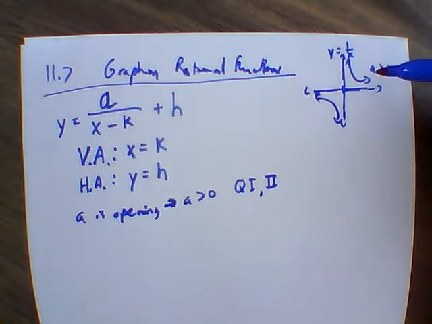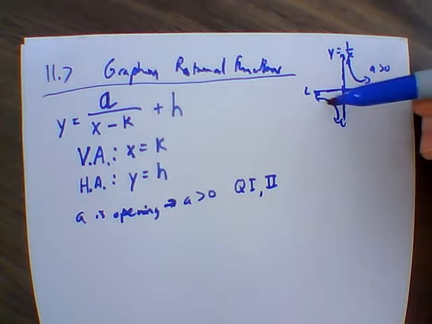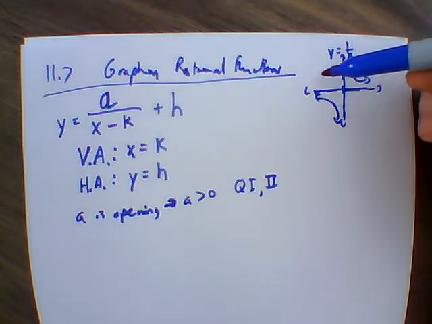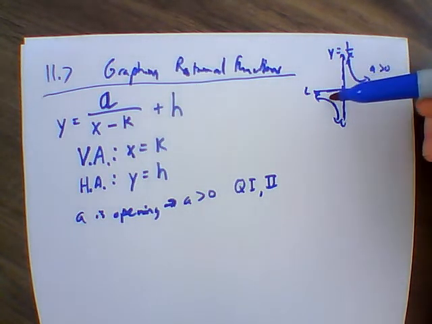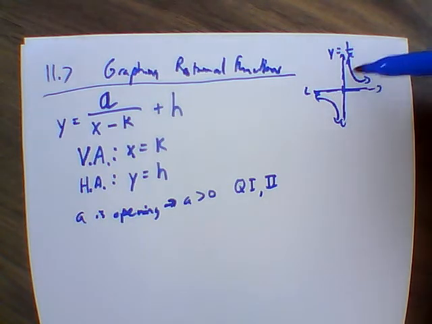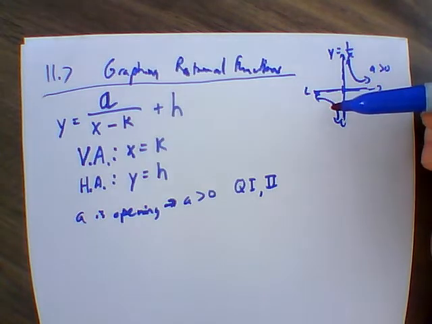As I shift around, I might have this line shifted up, and I might be in quadrants 2, 1, and 4, but I'm going to call it quadrant 3 because it's how I am with my asymptotes: the upper right, lower left.